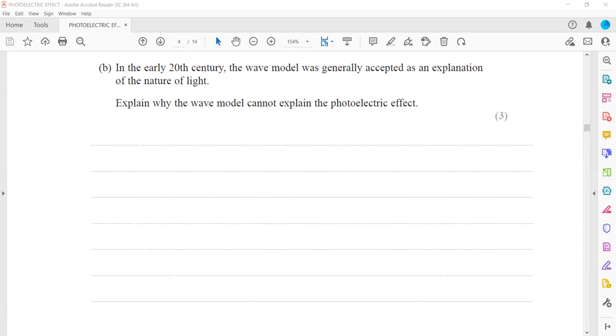According to wave nature, there should be no work function. But according to particle nature, there is a work function, a minimum frequency and minimum energy.